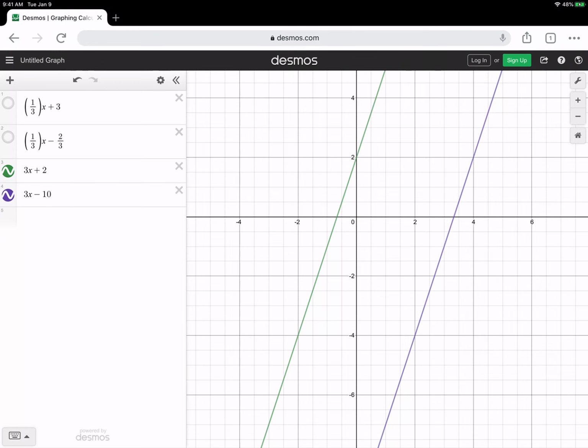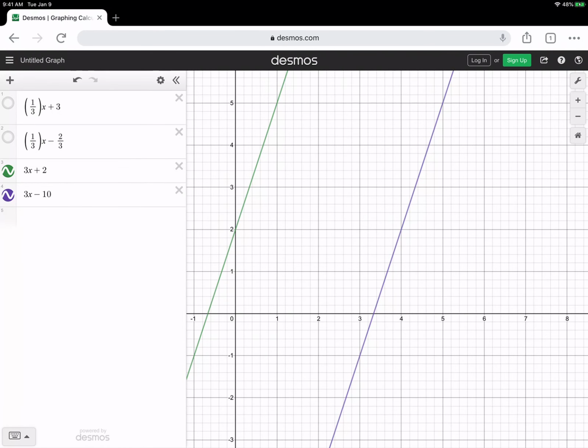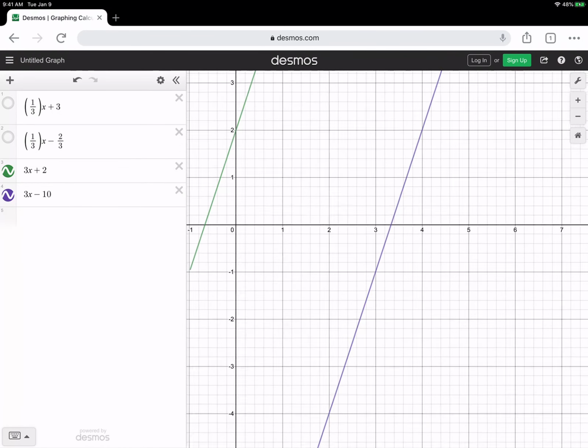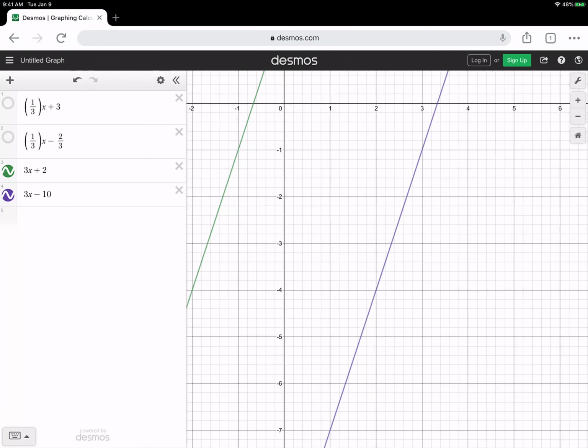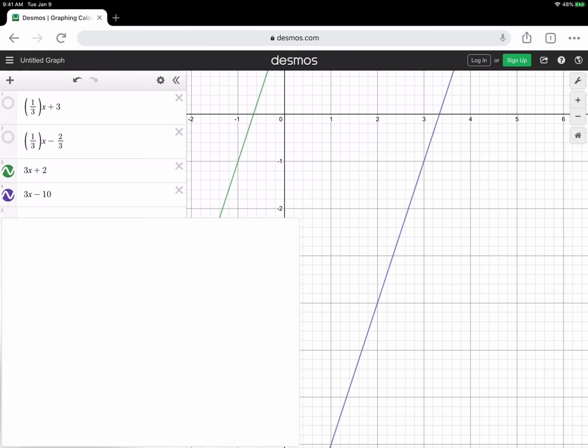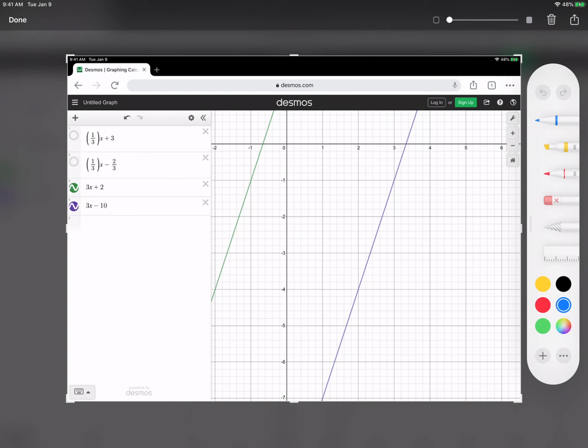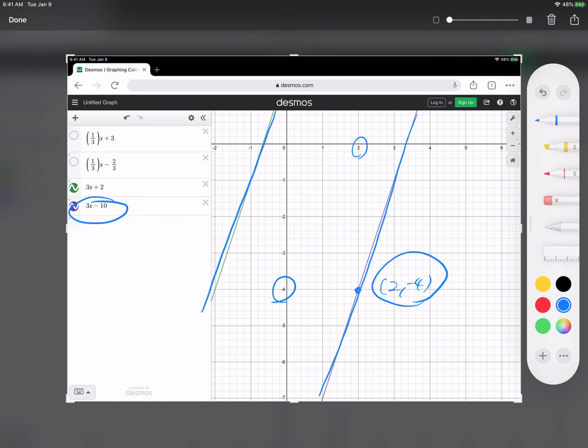Now the point that we wanted this line to go through was (2, -4). So the second line, which is 3x - 10, is the line that you see right here. And you can see how (2, -4) clearly goes through that point. And it's also parallel to the green line. This is how you verify the answer.